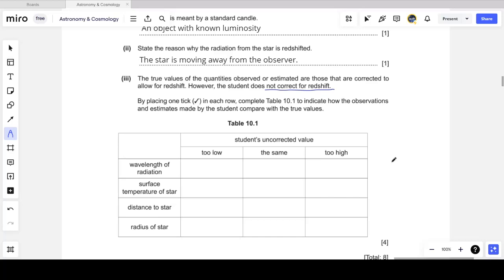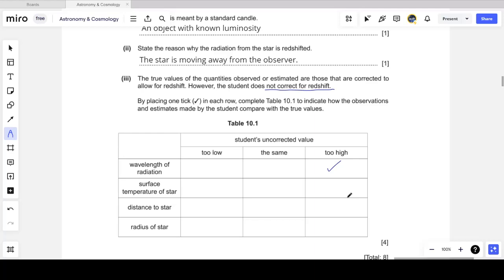And so they take note of those wavelengths and they don't account for the redshift, and they say, well, the light from the star is green when actually it should be blue. And so they are looking at a wavelength that is actually too high. They aren't accounting for that redshift, which means that the wavelength is actually lower from the source than what is observed. So their wavelength is too high because of the redshift.